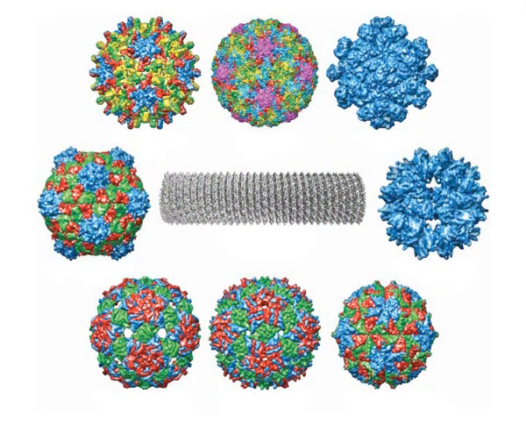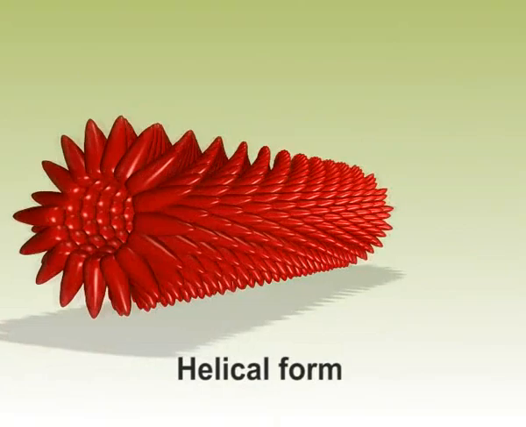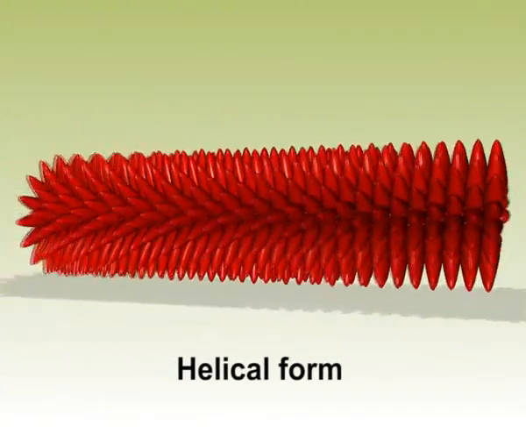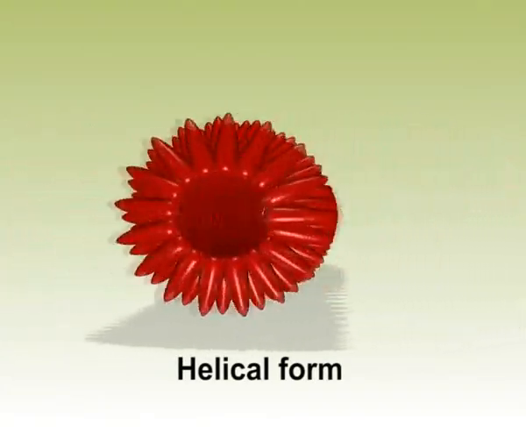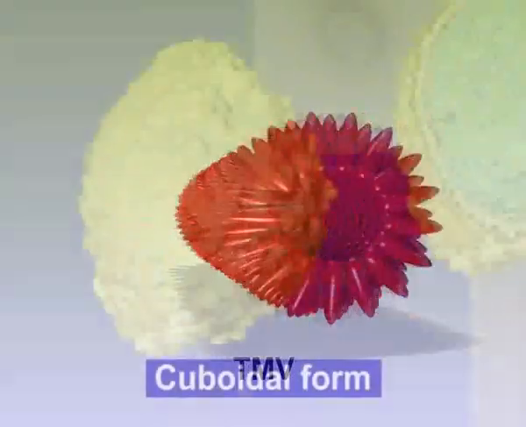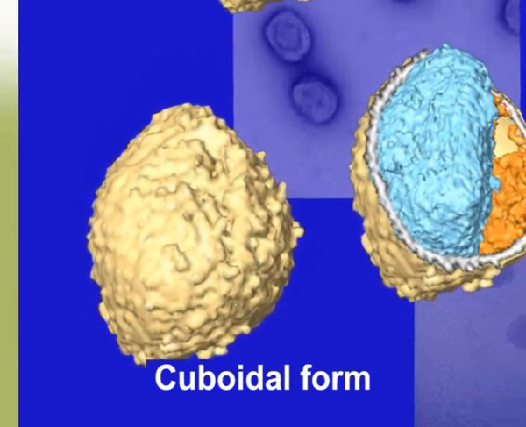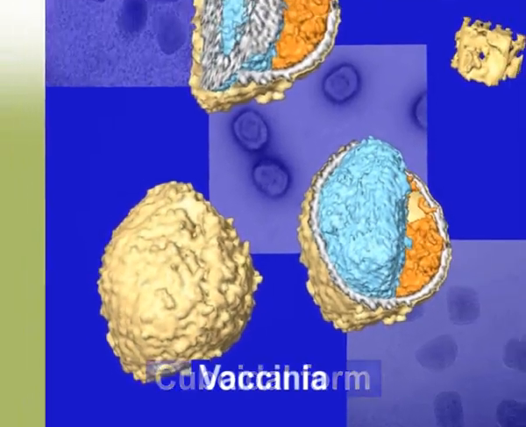As far as the shape of virus is concerned, 3 architectural forms are found in viruses. Helical form of virus has an elongated body, such as in TMV. Cuboidal form has a short, broad body, as found in vaccinia.